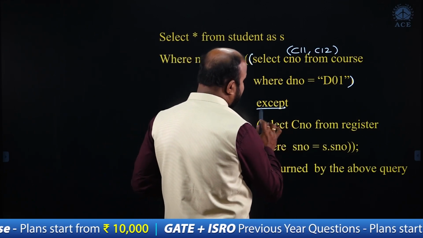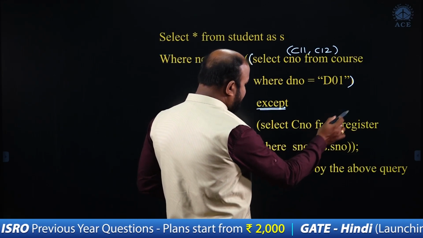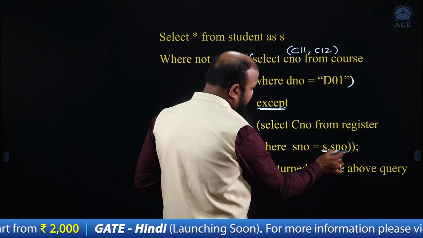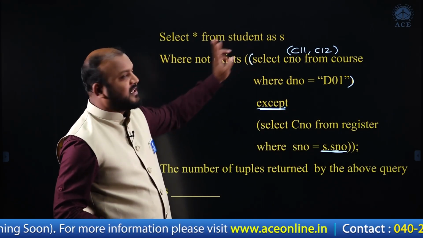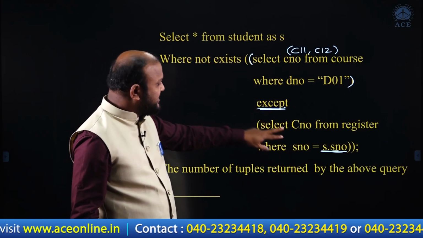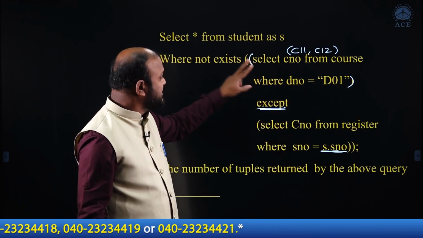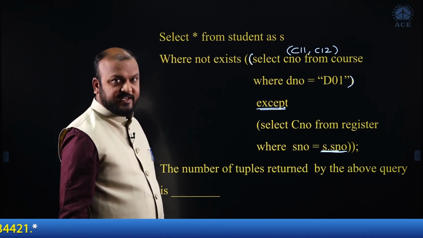Except, look at the second inner query. Select C number from register where S number equal to S dot S number. Here you observe S dot S number. S is an instance of the outer query. Whenever an instance of the outer query is used in the inner query, the 2 queries are said to be correlated. It means this inner query is going to be evaluated for each row of the outer query.